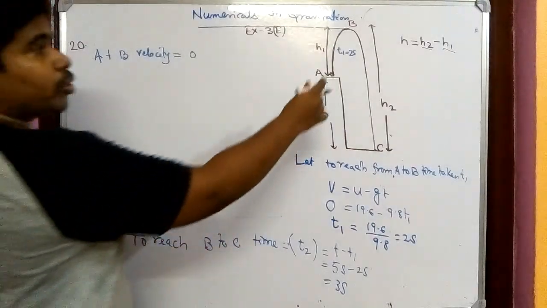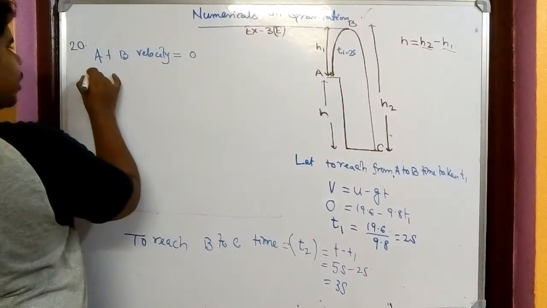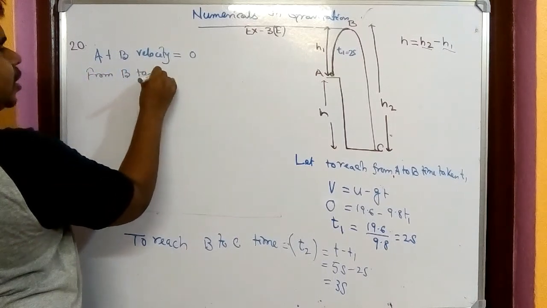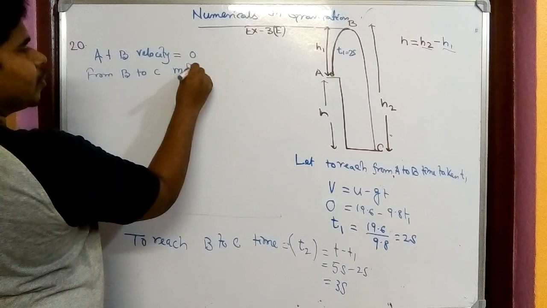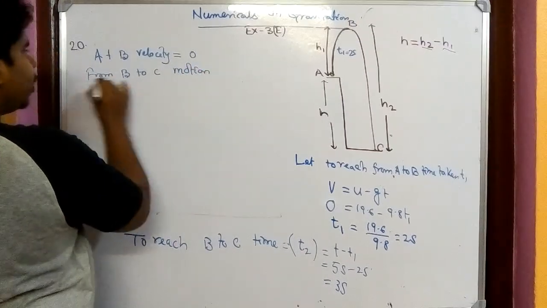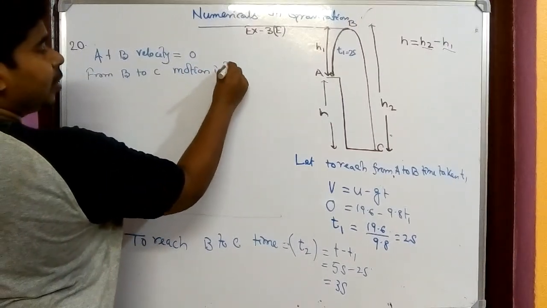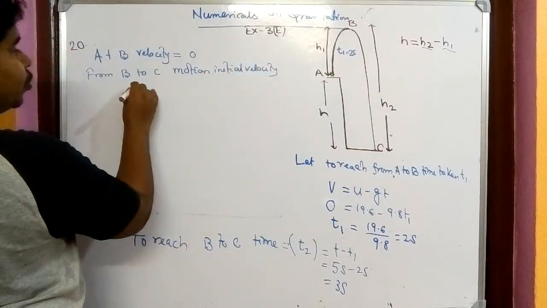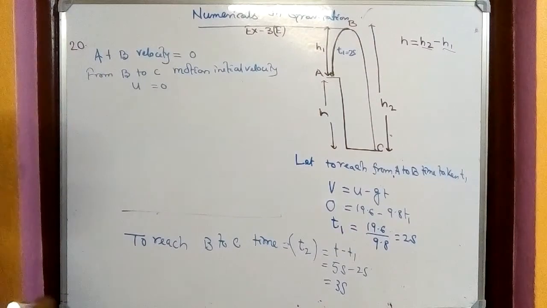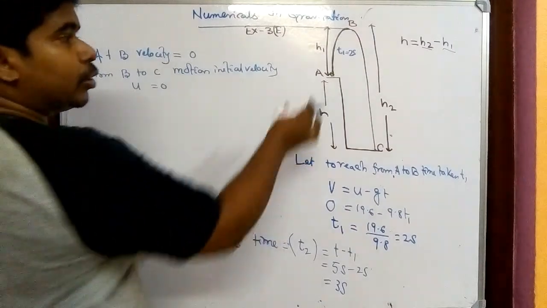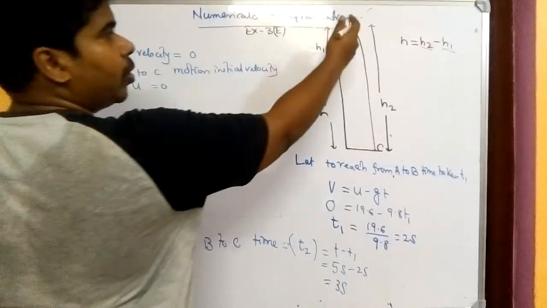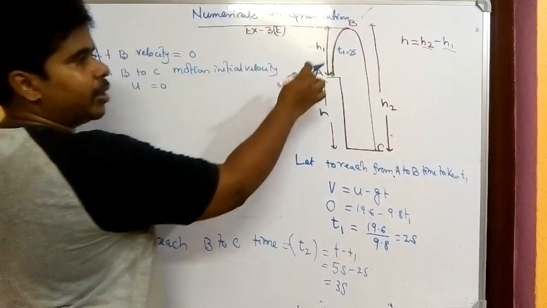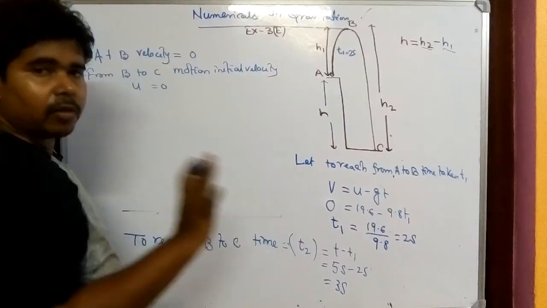And in this motion from B to C, the initial velocity u equals 0, because here we will not take u equals 19.6, because it is already completed at point B. We are doing it step by step, A to B, one motion, we have calculated everything.